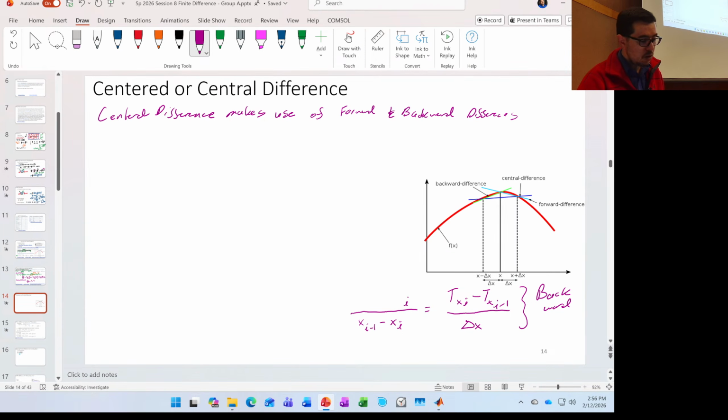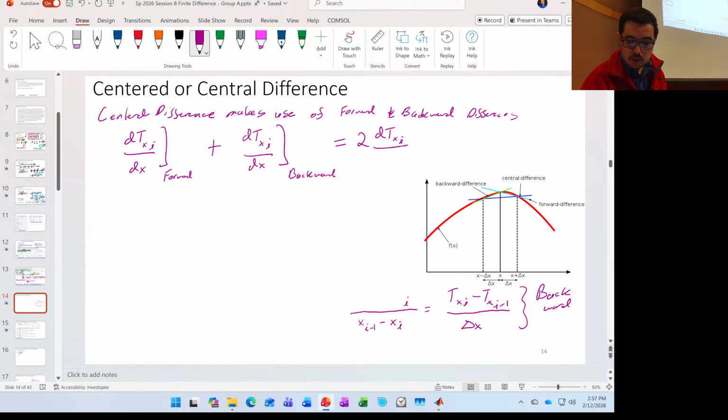Essentially what you do is take dT/dx at x of i, and I would rewrite, this is the forward one, and I add it to the dT/dx of the backward, and this gives me 2 times my value.